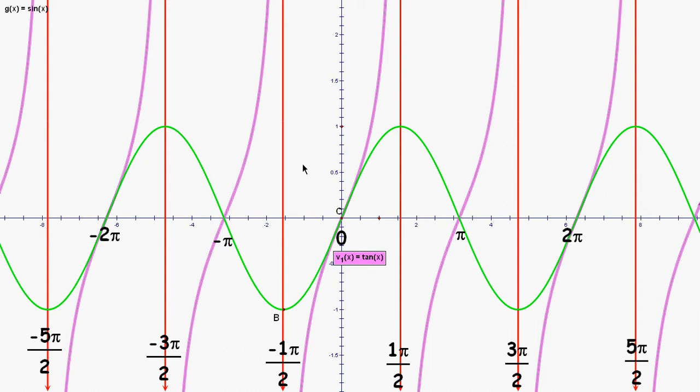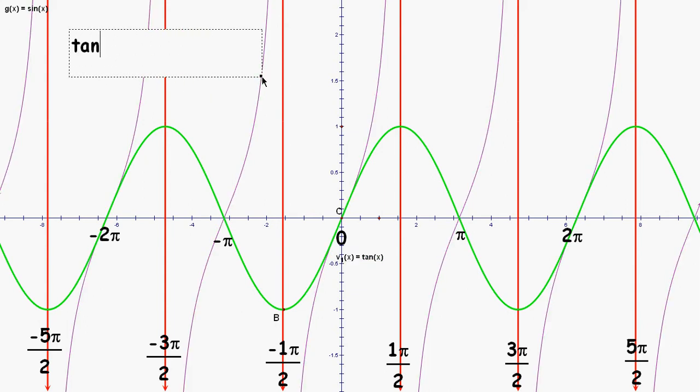You should note that tangent, and I'm going to type this in here, tan x is equal to y over x, which is the same as sine x over cosine x.